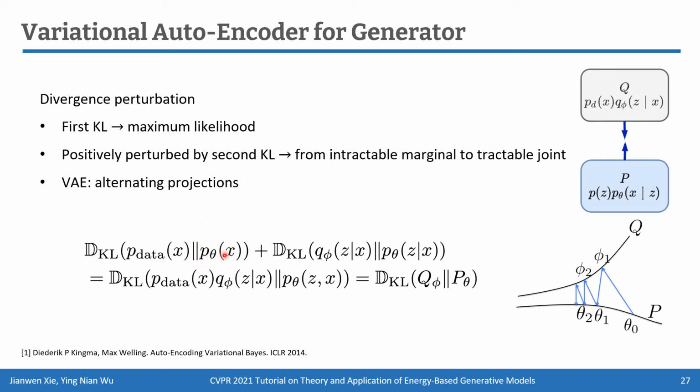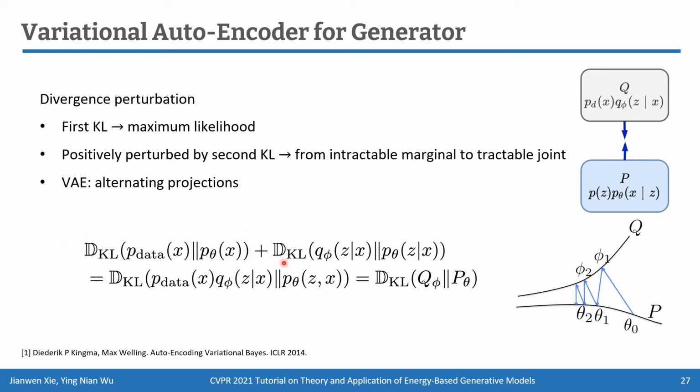Okay, so therefore we add the KL divergence between the two conditional distributions, so that we make them into the KL divergence for the joint distributions. So that's what we call divergence perturbation.